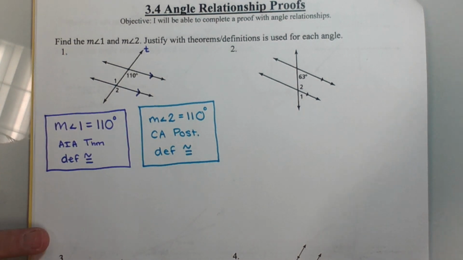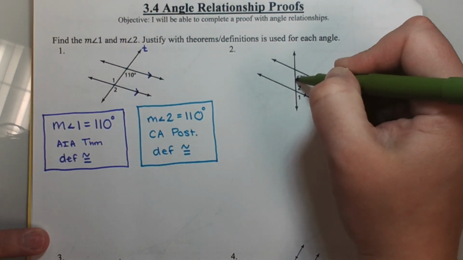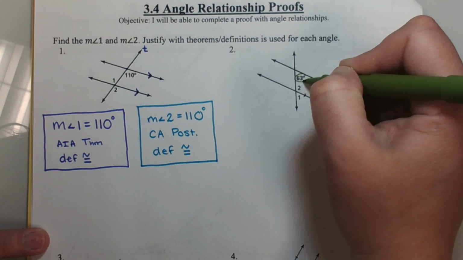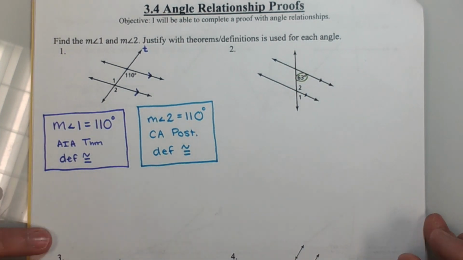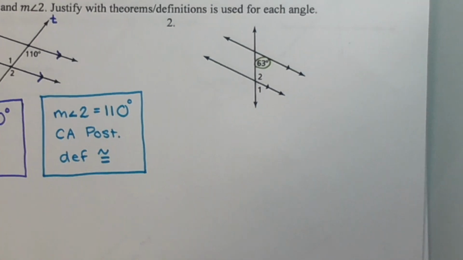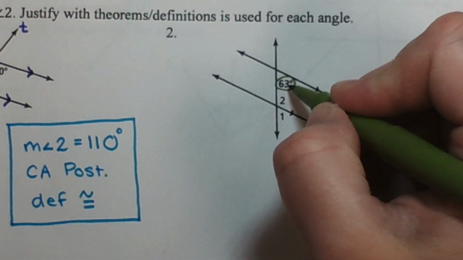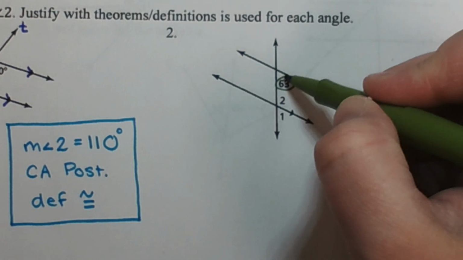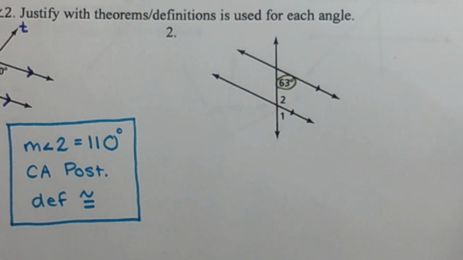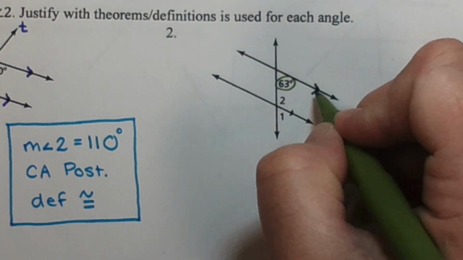Okay, question 2. Again, I'm going to refer back to the angle I know whenever possible. So, got a 63-degree angle here. It is on the same side of transversal as angle 1. One's interior, one's exterior, and yes, I have those parallels.